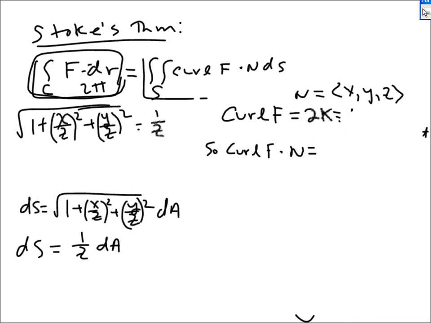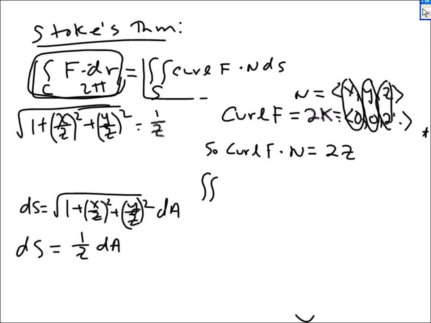And the curl of f is 0, 0, 2. So you dot these. You multiply the first component, so you get 0. You multiply the second component, so you get 0. You multiply the third component, which is just 2, you get 2z. You add those up, you get 2z. So that's what I'm supposed to integrate.